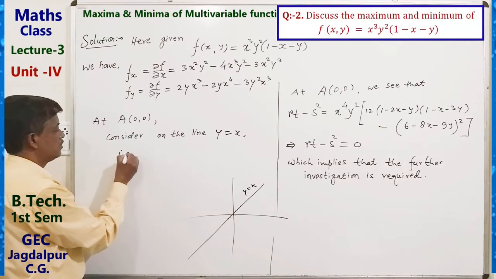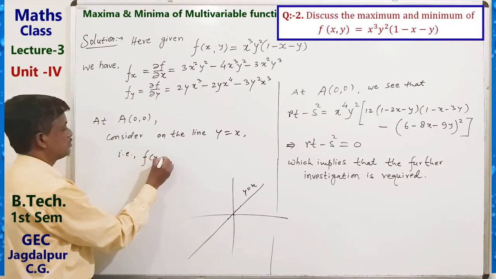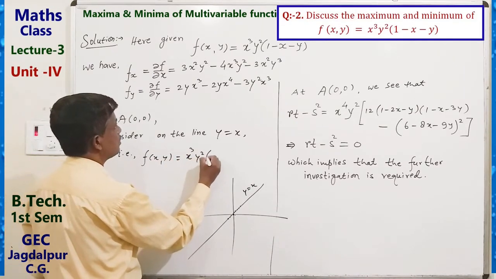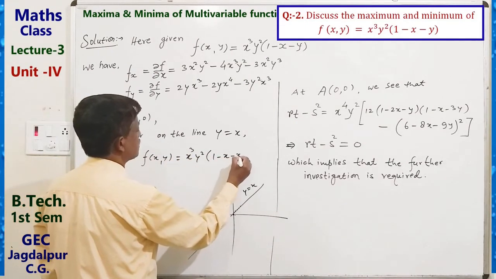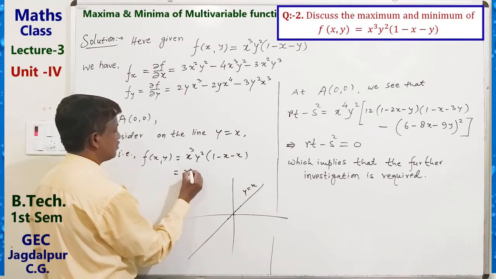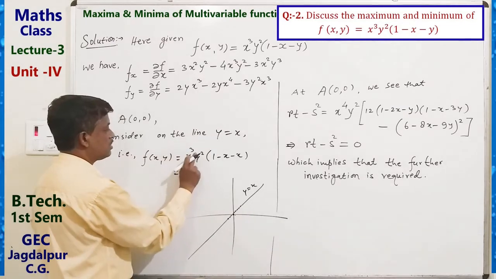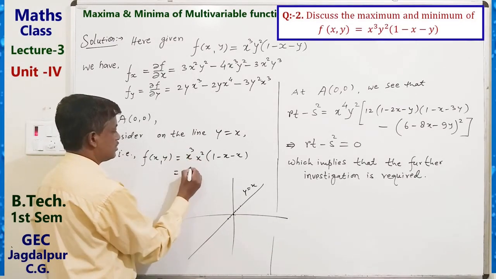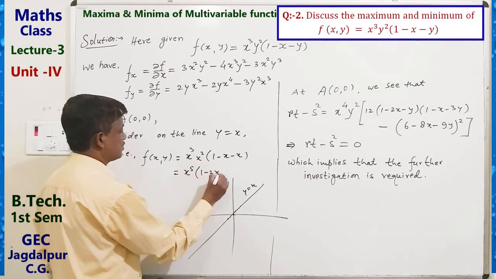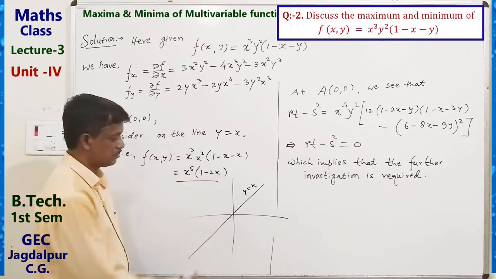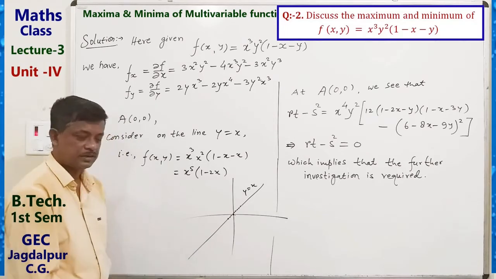That is, f(x, y) equals what? x cube y square times 1 minus x, that is x power. Here in place of y you can write x square, so x power 5 times 1 minus 2x. So this is the value of the function. Clear?